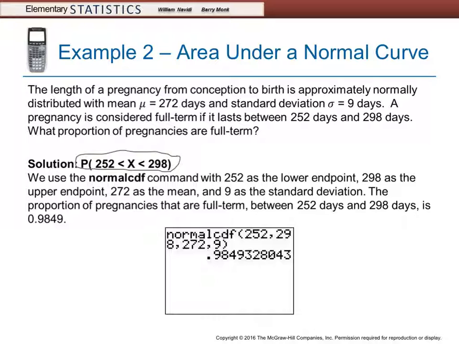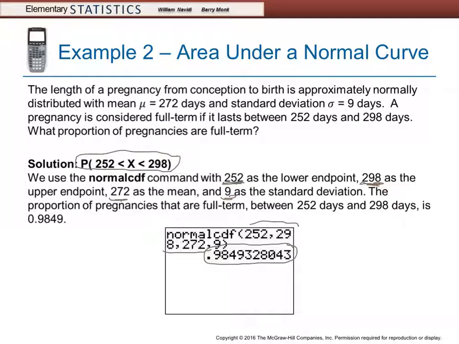The lower bound is 252. The upper bound is 298. The mean again is 272, and 9 is the standard deviation. So you can see the numbers that we're putting into the calculator. We hit enter, and we find the probability of our statement.